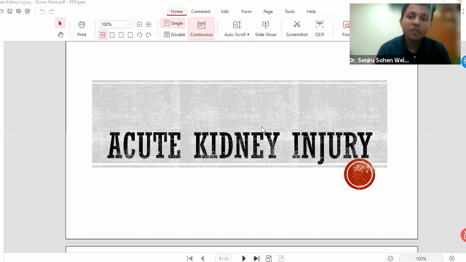For you to have a relative increase in serum creatinine, you must know what the patient's baseline serum creatinine is. Whenever you have a patient with one creatinine value, it's impossible to say whether this is an acute kidney injury or a chronic kidney disease.